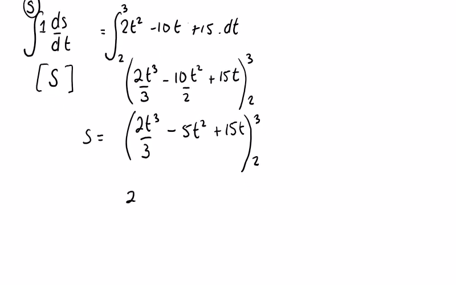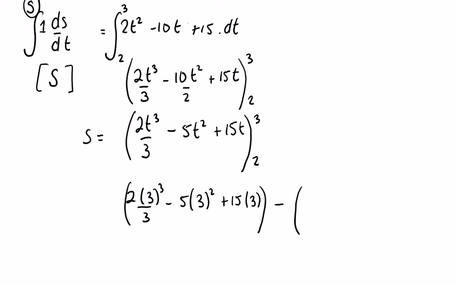So I'm going to have 2 by 3 cubed over 3 minus 5 by 3 squared plus 15 by 3, minus, when you know your integration rules, 2 by 2 cubed over 3 minus 5 by 2 squared plus 15 by 2.